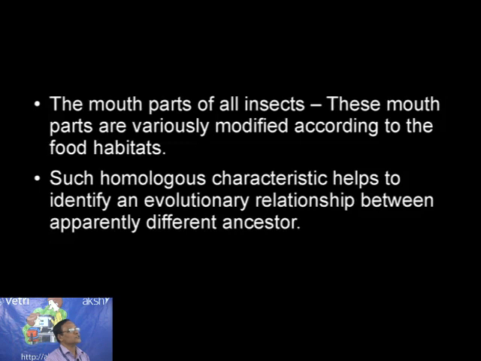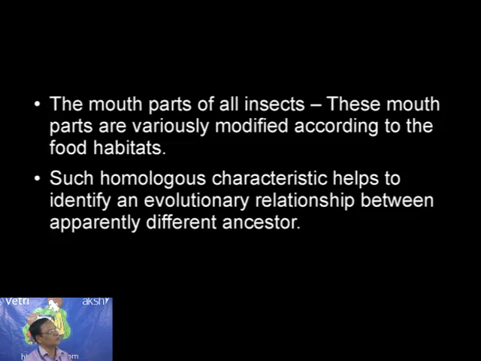And in mosquitoes, it is called piercing and sucking type. The same basic fundamental structures of mandibles, maxilla, labium, and labrum are variously modified to perform the function of sucking, piercing, sponging, or siphoning. So the basic structure is the same but modified to perform different functions.